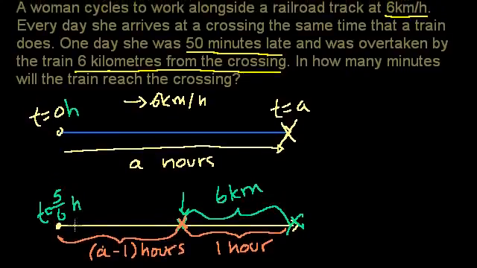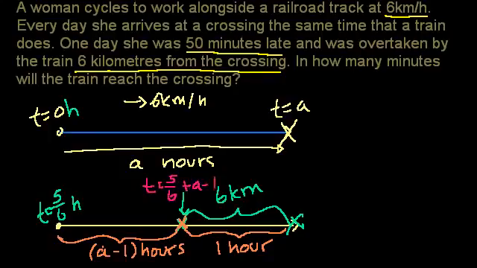So if on the day she was late, it took her a minus 1 hours to get passed by the train, what time are we talking about right here? This is t is equal to, well, we started at 5/6. That's where we started, plus the amount of hours she traveled, plus a minus 1.